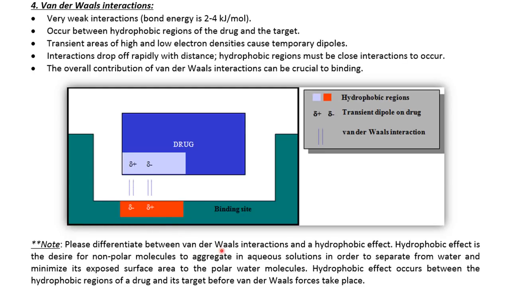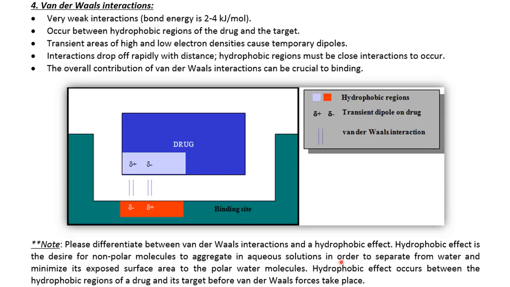Please differentiate between van der Waals interactions and what's called the hydrophobic effect. The hydrophobic effect is what happens when nonpolar molecules aggregate in an aqueous solution in order to separate from water and minimize their exposure to the water polar molecules.